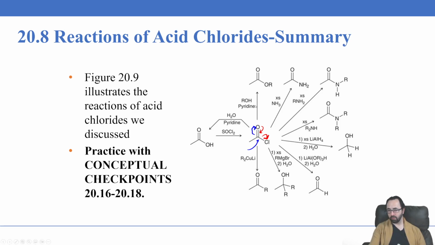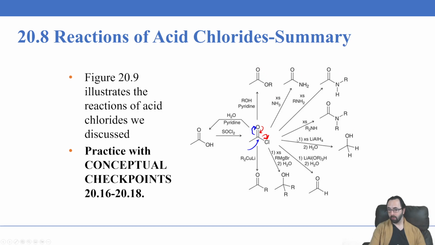What differs is just whether the conditions are acidic or basic, and also which nucleophile is being used. Is it an alcohol, which will require an amine for an ultimate deprotonation at the end? If you react with amines here, they are their own bases. You just use excess, two equivalents, and you get the formation of various amides.